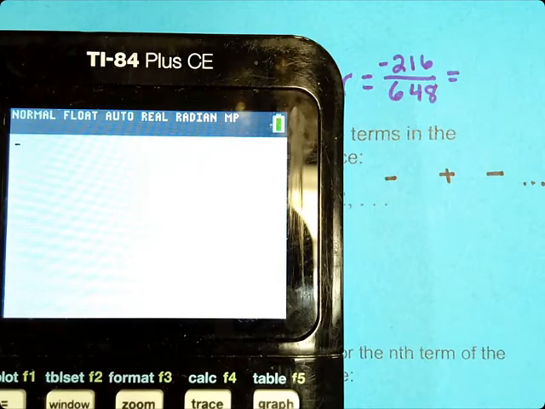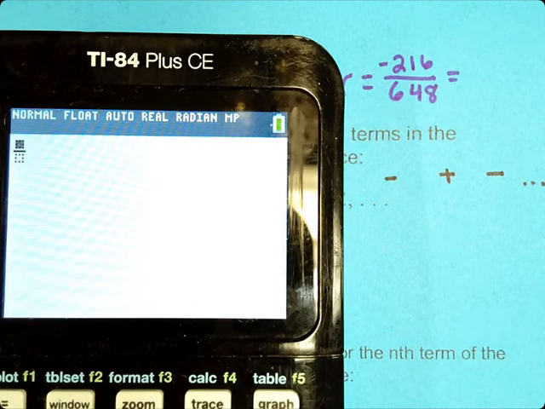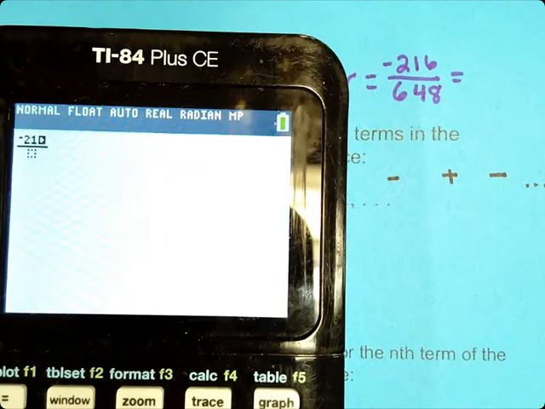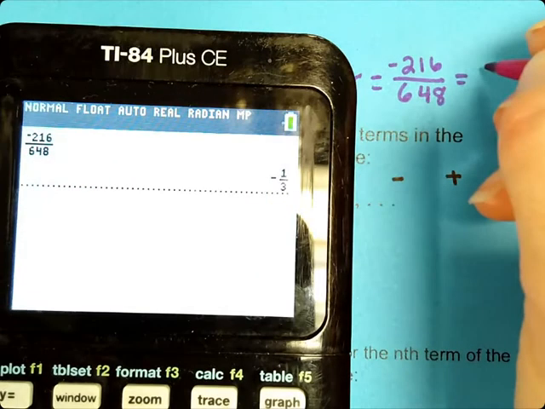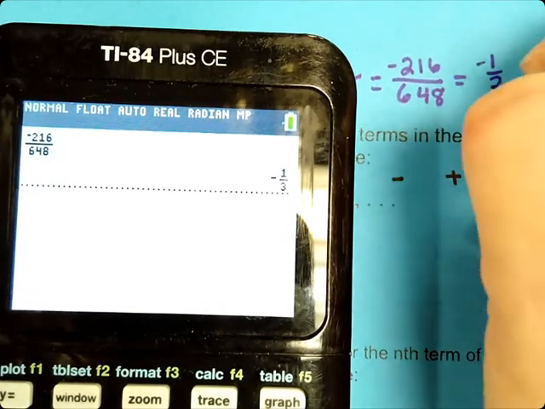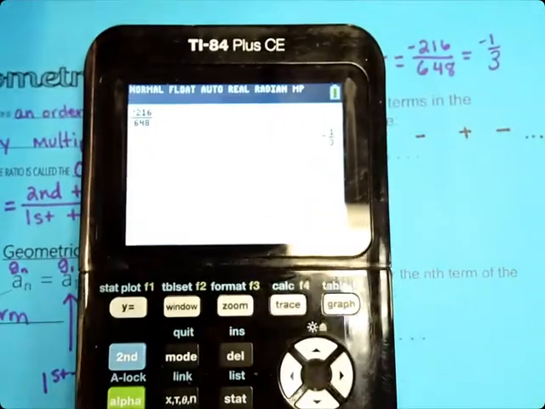So I can do it as alpha y equals and do it as a fraction. So negative 216 over 648 equals negative 1/3. So that's what our common ratio could be, but only if that pattern continues. So we need to double check that that is truly the pattern.